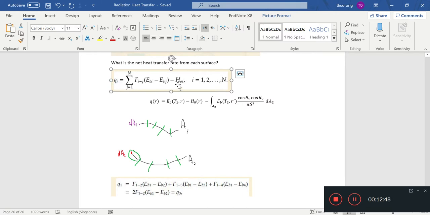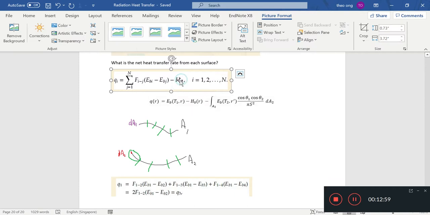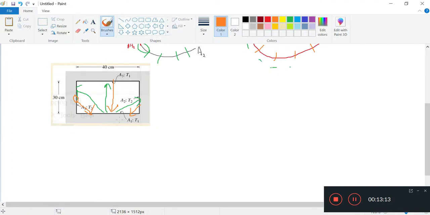It's contributed to by the radiation leaving the surface, and we subtract off the contribution of radiation from other surfaces, which is this EBJ, and of course the radiation incident on this surface from outside, which is this HOI. Again, HOI is 0, then we just have the net heat transfer between each of these surfaces, as explained through this diagram here.